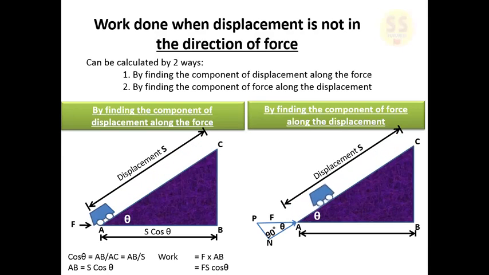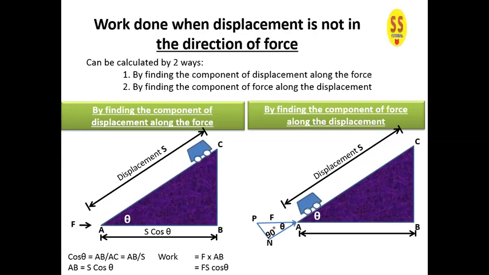If I take the displacement S along AC, I have to find the force applied along AC, not PA. PA is horizontal to the ground, but here we have to find the force applied along the direction of the displacement. That is, the force AN.